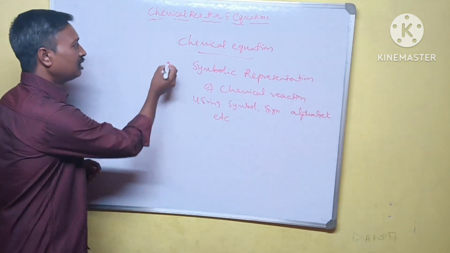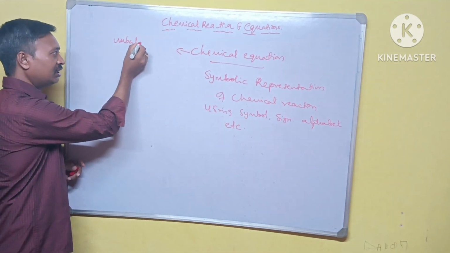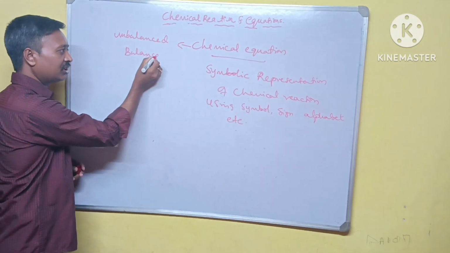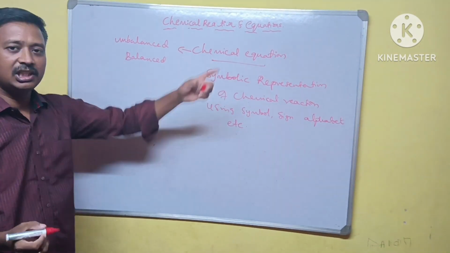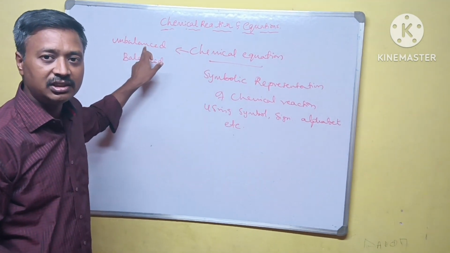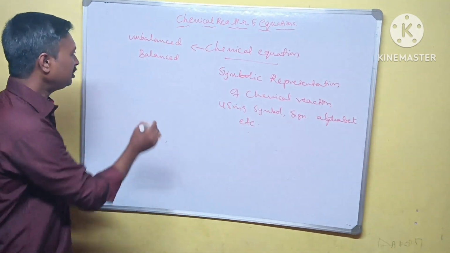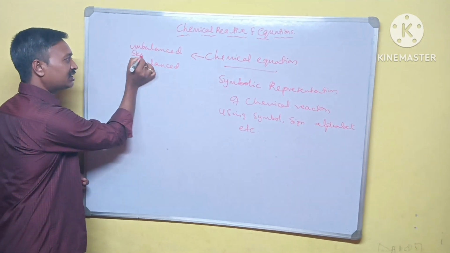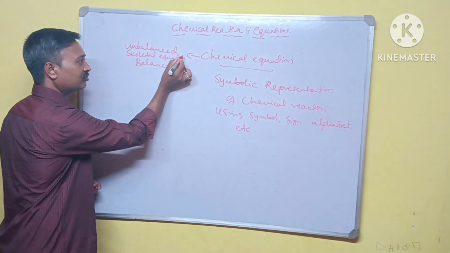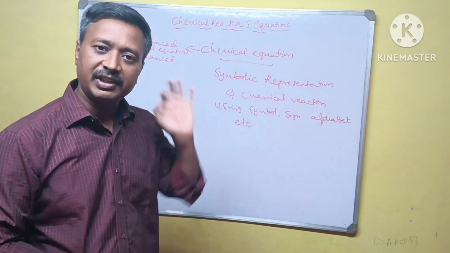A chemical equation is of two types: unbalanced chemical equation and balanced chemical equation. An unbalanced chemical equation is also called a skeletal equation.